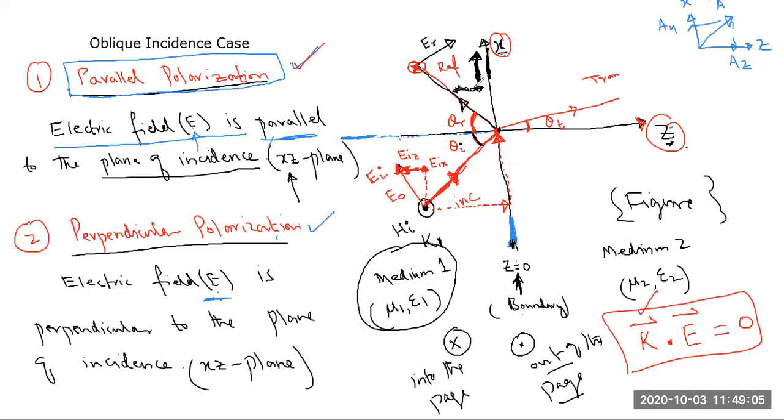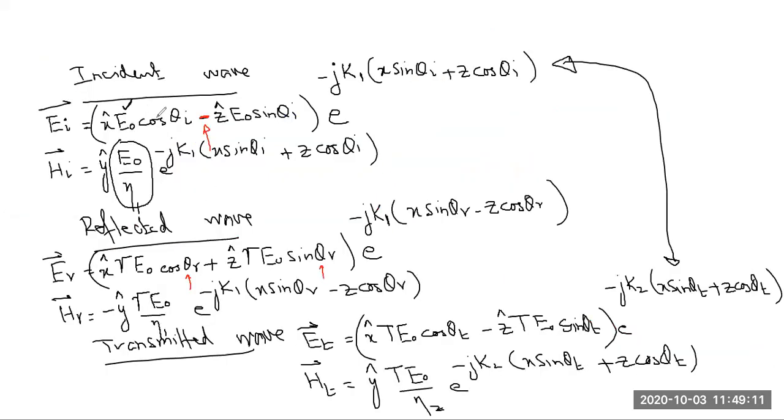It means the boundary condition will be satisfied by the x component. So we are only going to consider the x component, and because z is 0, this factor will cancel out.